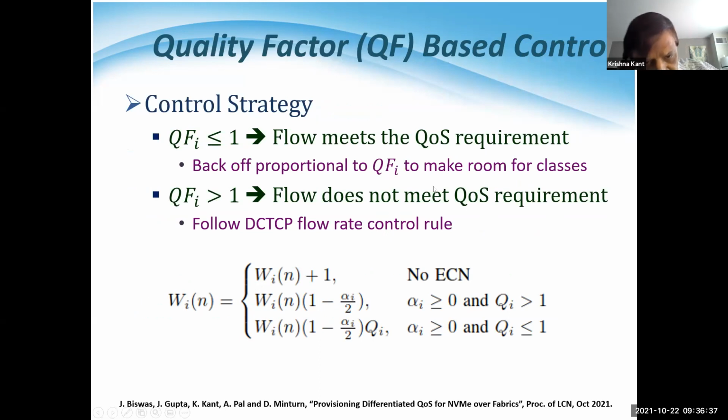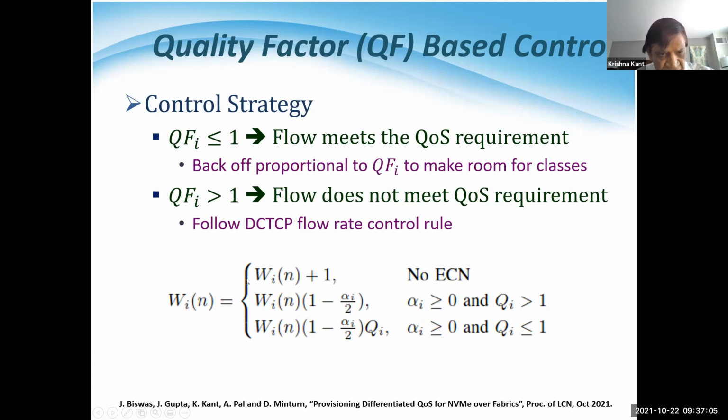So without going into too much detail, we took the DCTCP congestion control and we modified it to take into account the quality factor. So you can see here these three branches of this window modulation. And the middle one is exactly what DCTCP uses.